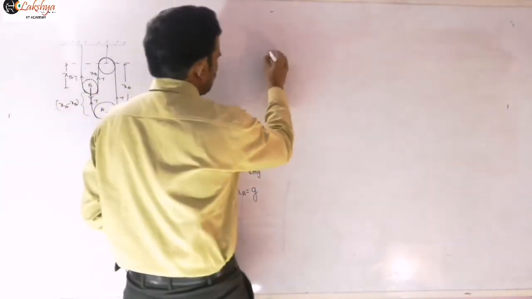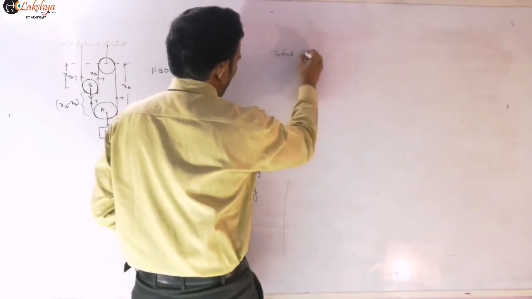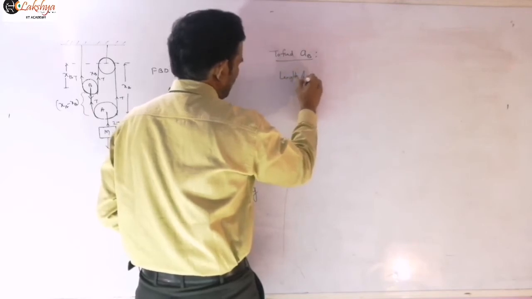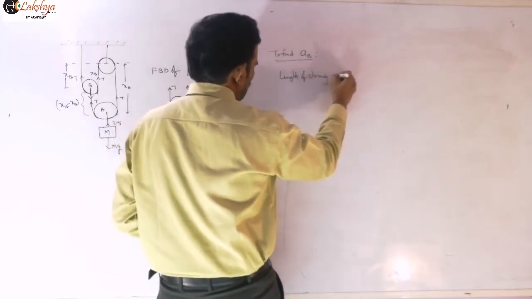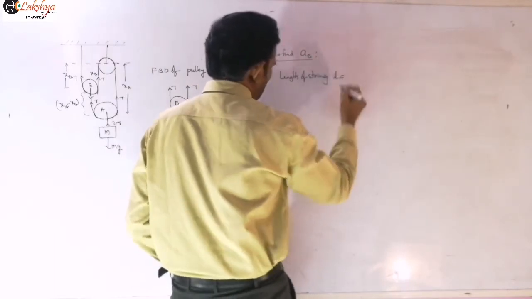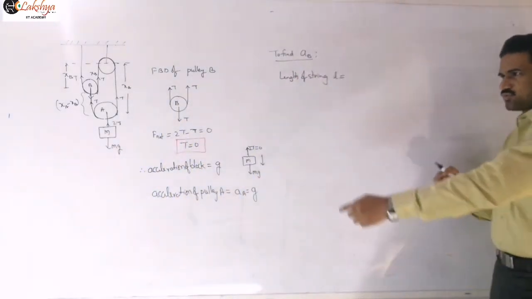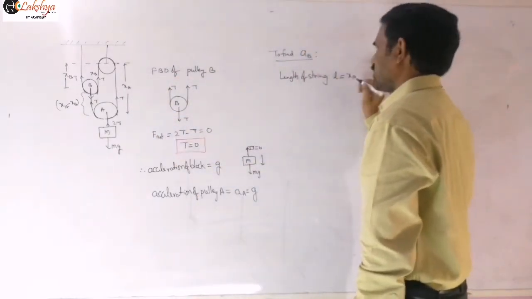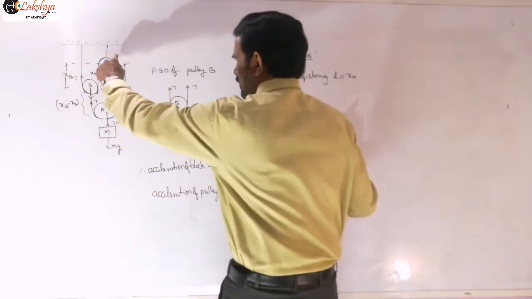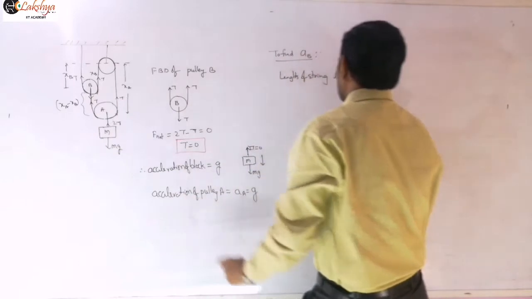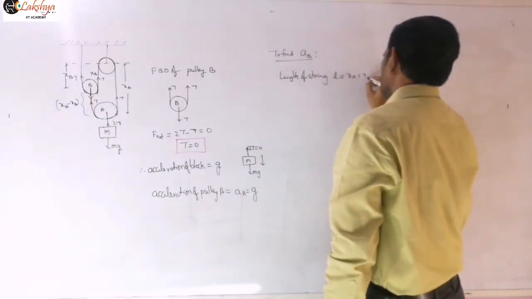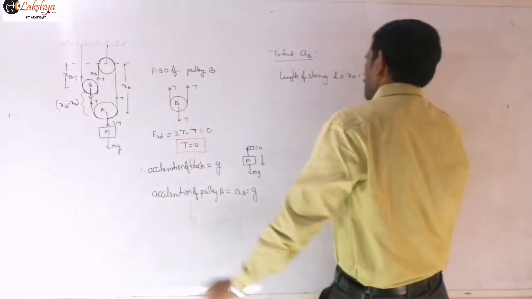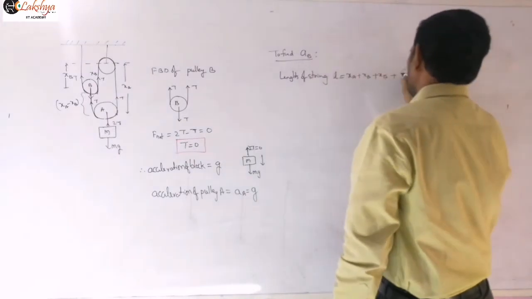And therefore, this is to find the acceleration of B. So the length of the string is equal to, let us write it starting from A: XA, so this part is completed, then this part XB, and this also XB, and plus this part XA minus XB.